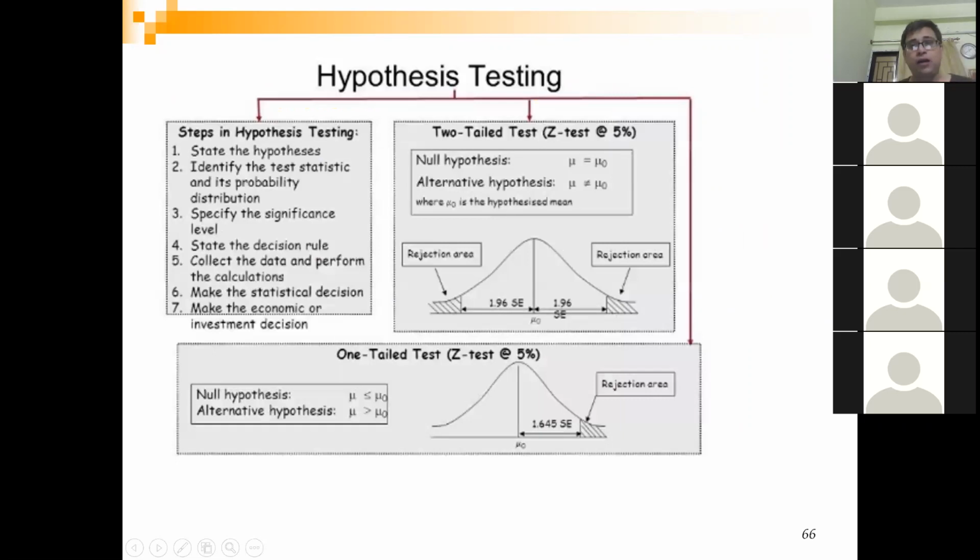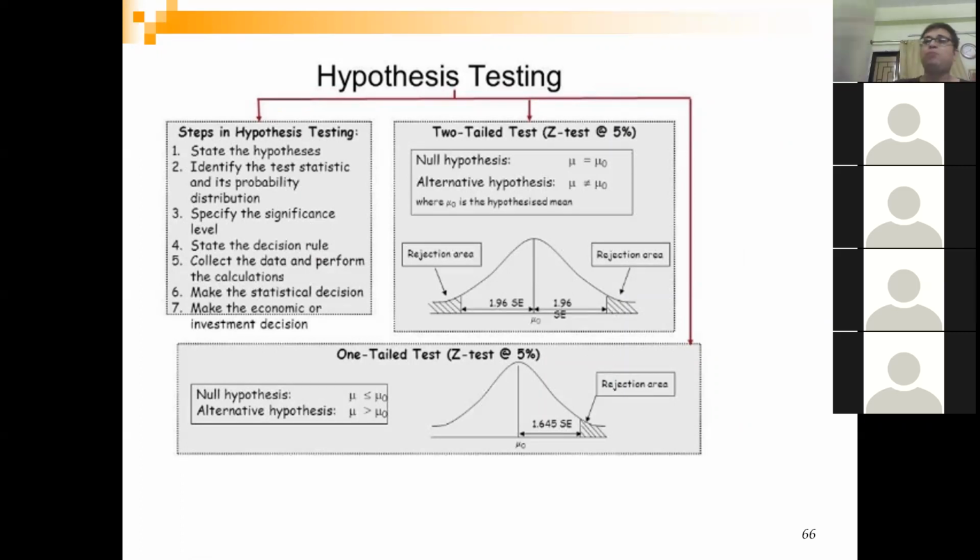And then we come to hypothesis testing. Essentially what we'll do is observe certain things about the sample, and then we will try to conclude whether it holds for the population or not. So this will constitute a hypothesis.